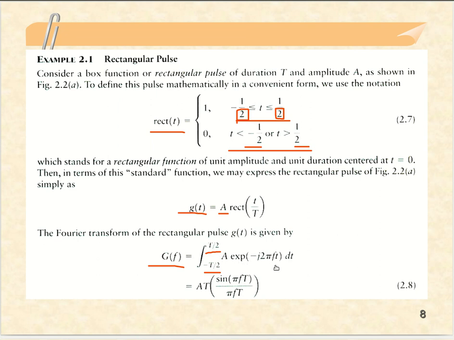Okay, so here I can see the amplitude A, and from minus T over 2 to T over 2 it is defined, and elsewhere it's 0, and 0 multiplied by the exponential is again 0. Now if you solve this function, you will reach this solution: sine of pi f T over pi f T, multiplied from outside by A T. So this function we name with another name.